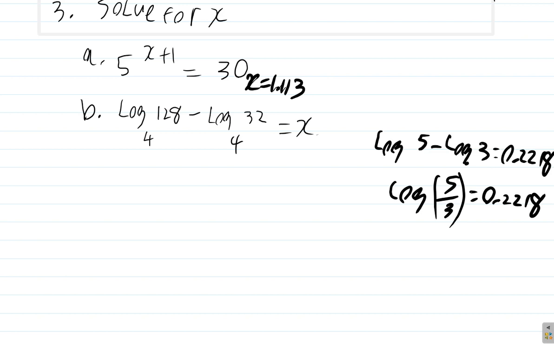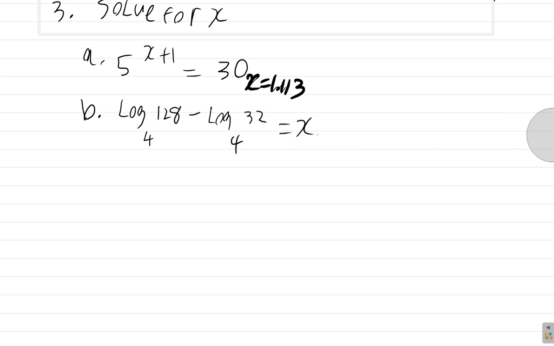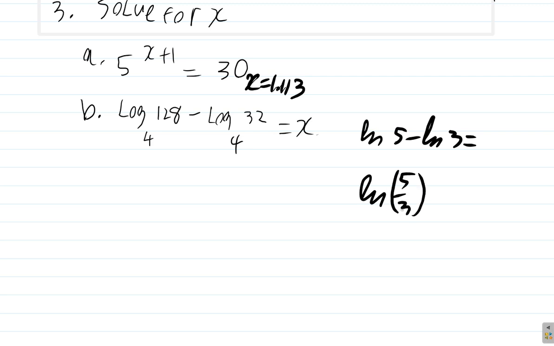Let's try ln now and see what we will get. We're going to find ln 5 minus ln 3 and see what it is. We're also going to find ln 5 over 3 and see if it's the same thing.